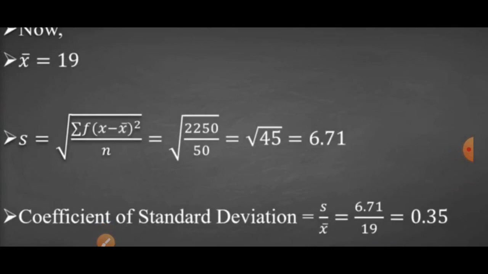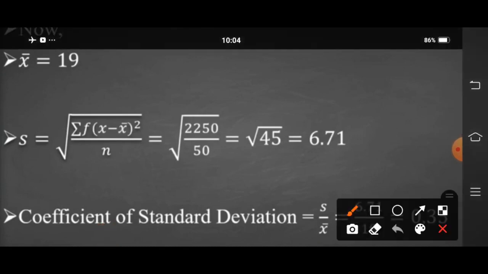x bar equals 19, s equals under root of sigma f into x minus x bar whole square upon n. Sigma f into x minus x bar whole square equals 2250, so we write it down here. Then n is the total of the f frequency column, 50.